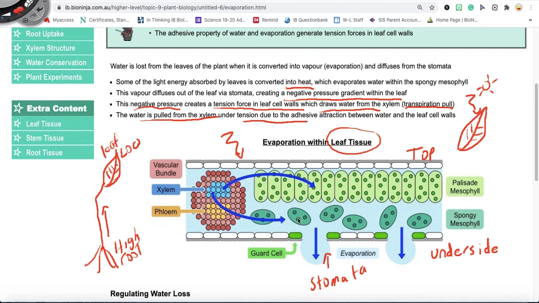Okay? So here we see in the leaf tissue that you have these vascular bundles within the plant and within the stem. These vascular bundles are kind of like a transport system of arteries and veins. And they travel throughout the whole stem and the leaf of the plant. So when you see those tiny little veins in a leaf, you are looking at a vascular bundle.